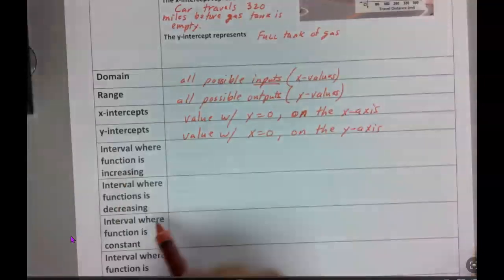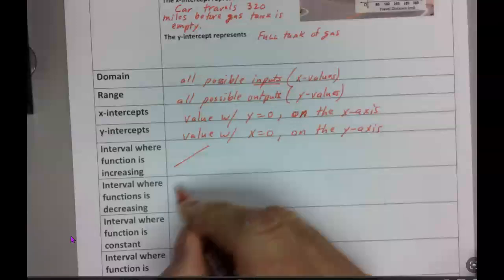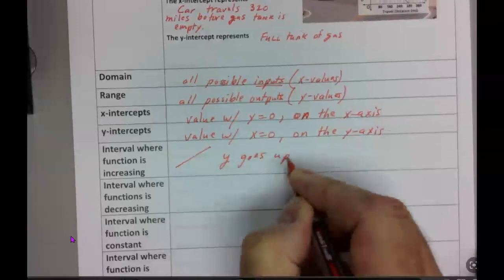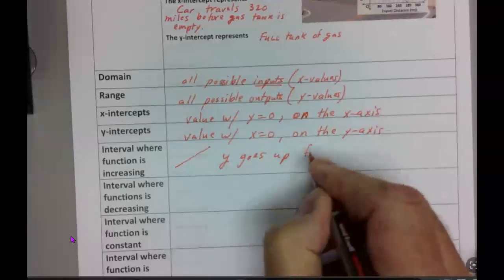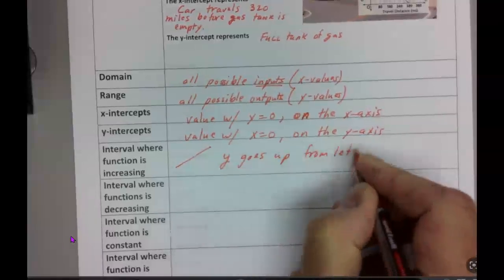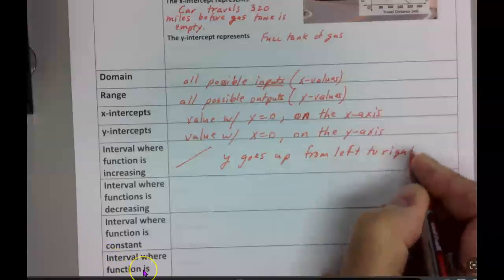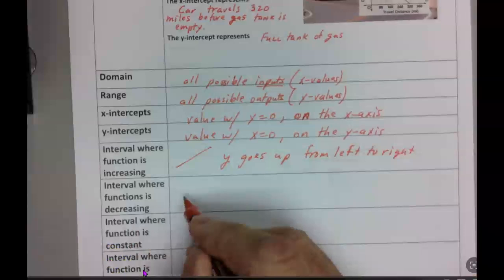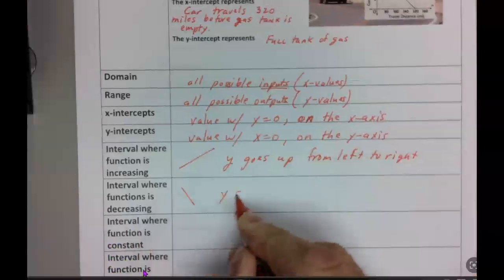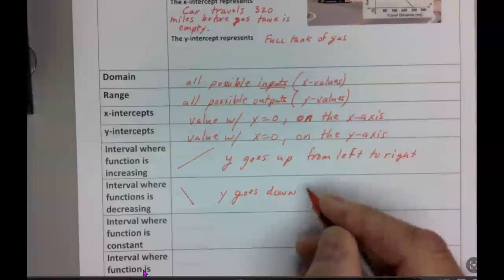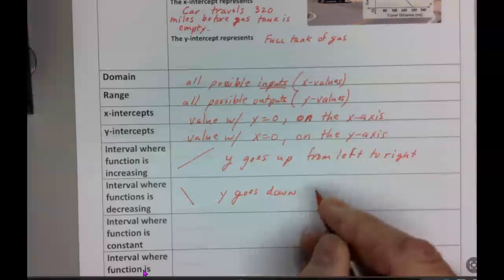Interval where a function is increasing, it's going up: y goes up from left to right. Interval where a function is decreasing: y goes down from left to right.